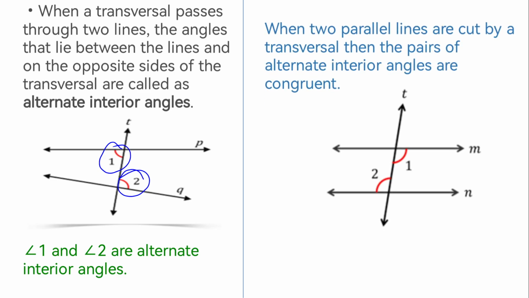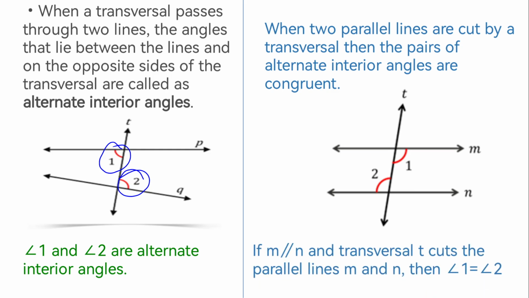When two parallel lines are cut by a transversal, then the pairs of alternate interior angles are congruent. In the figure again, line M is parallel to line N, and transversal T cuts the parallel lines M and N. Then we can say that angle 1 is equal to angle 2.